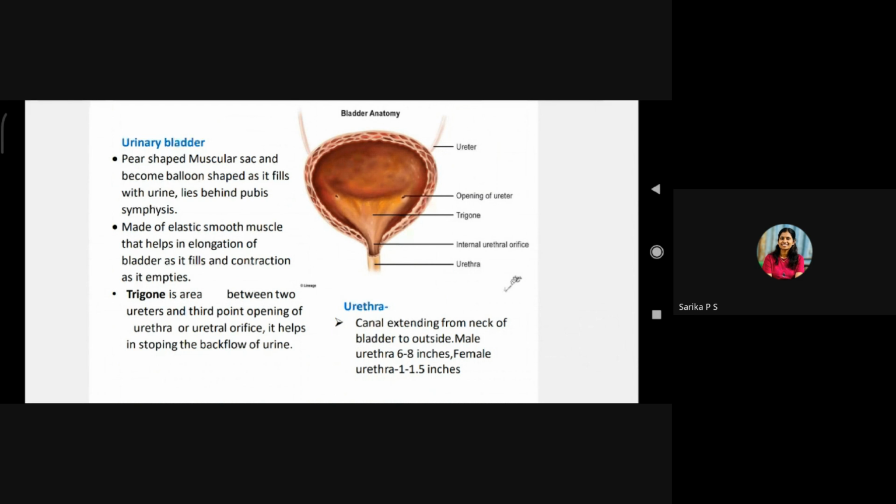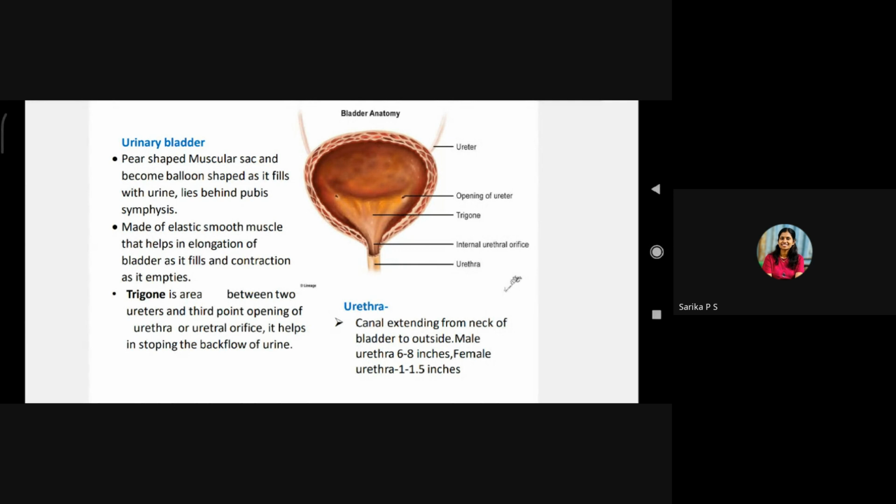because when you are always keeping it stretched, it will lose its elasticity. After some time it will lose its elasticity and it will lead to urinary incontinence. What does incontinence signify? Incontinence means inability to hold urine.